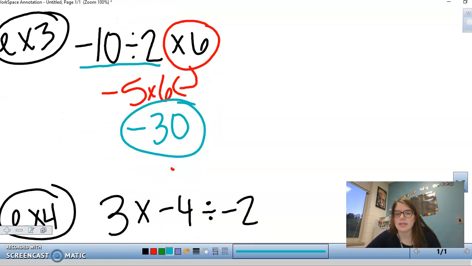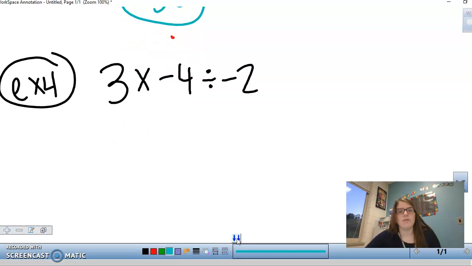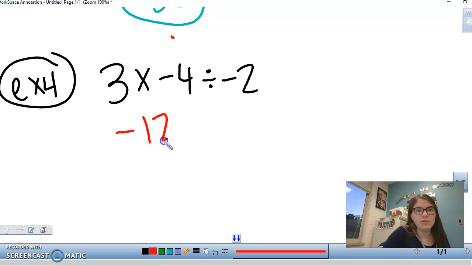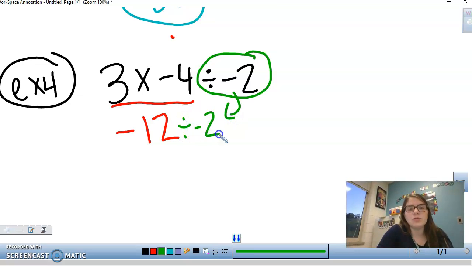All right, and our last one, let's go down a little bit more. So we have 3 times negative 4. I know it's going to be negative because they're different signs, so that's going to give me a negative 12. Again, I just started with the first two numbers. And then I have to bring down this last part, so divided by negative 2.